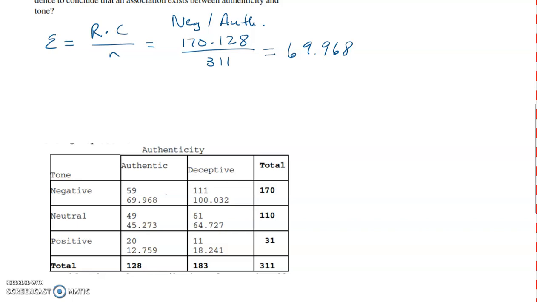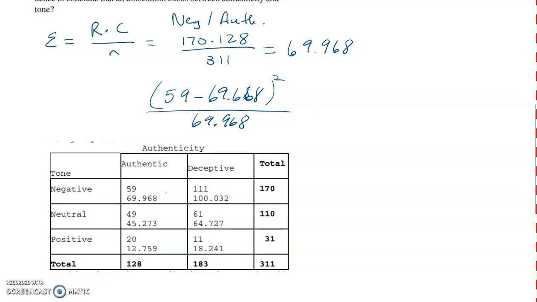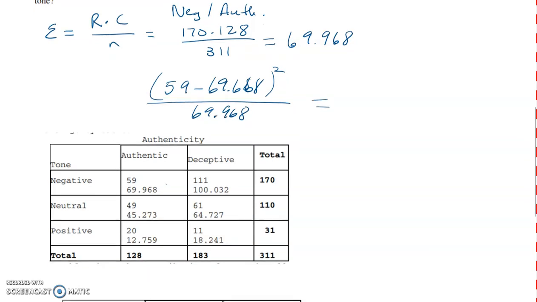For each of these subtotals, going with the same box, the negative and authentic, we are going to have to do observed, the observed was 59, minus our expected 69.968, square that, divide by the expected 69.968, and for that answer we get 1.719. Yes, you need to do that for every box.